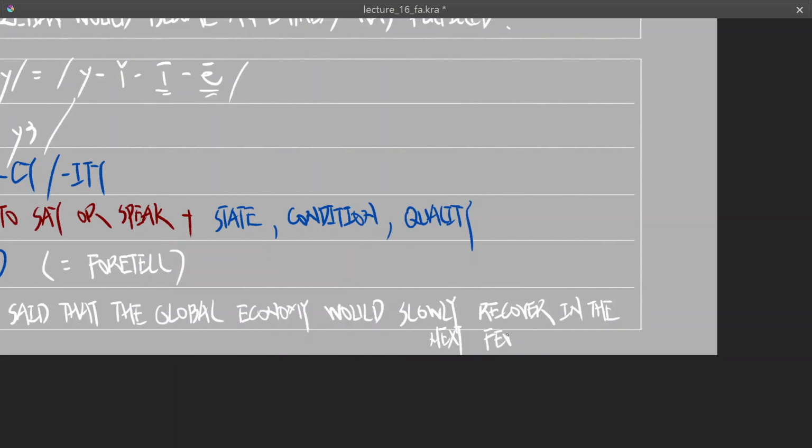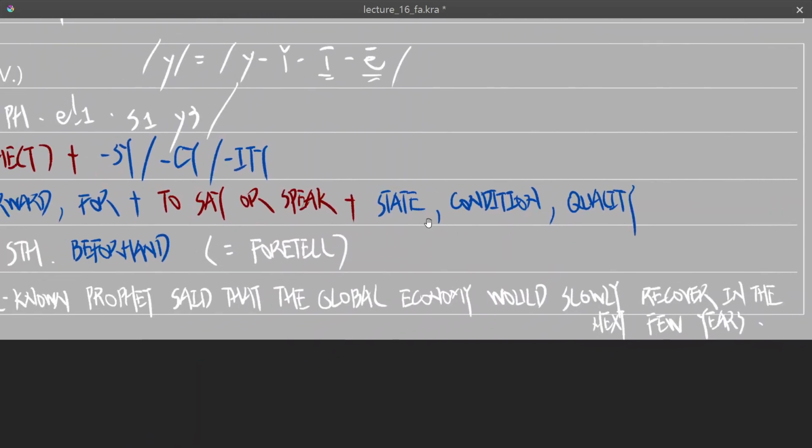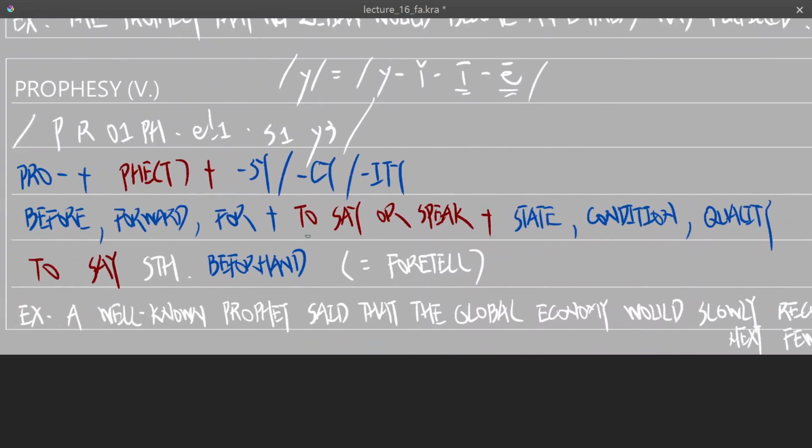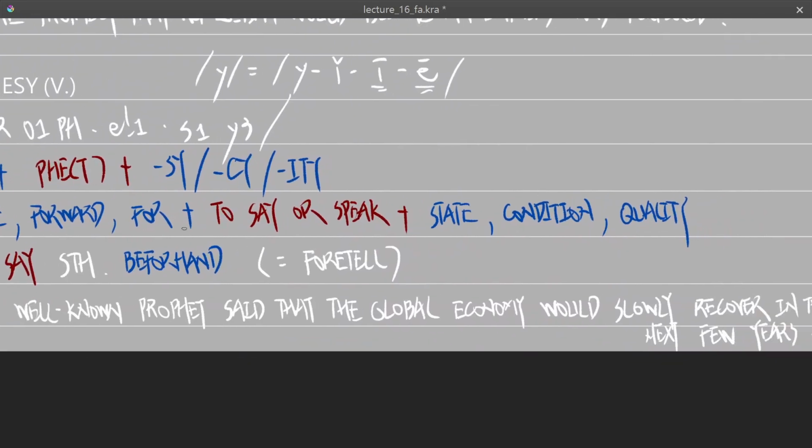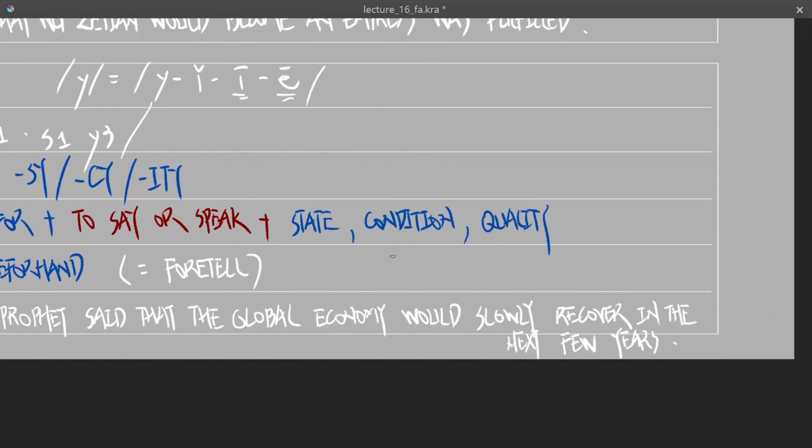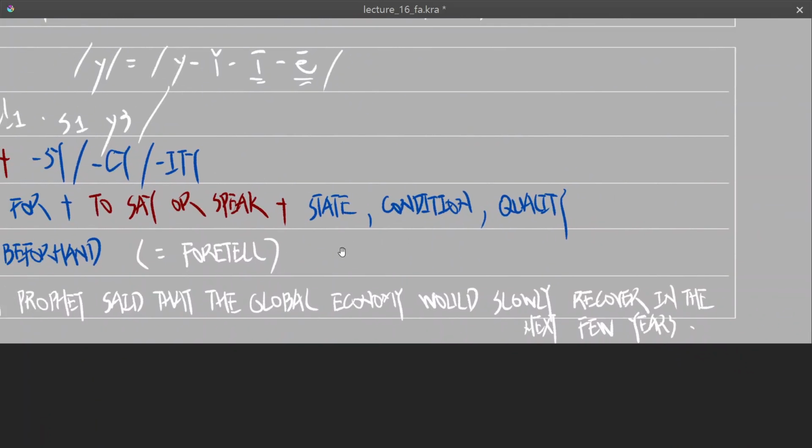All right, a well-known prophet said that the global economy would slowly recover in the next few years.